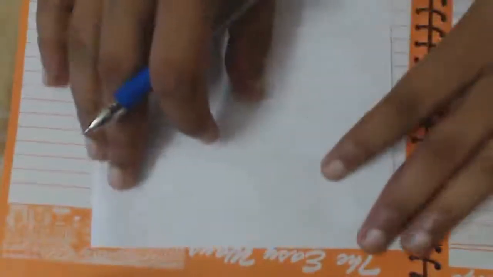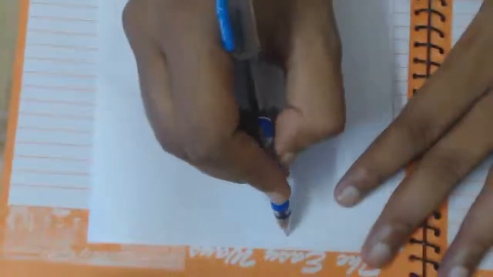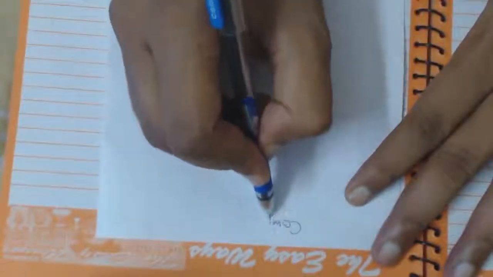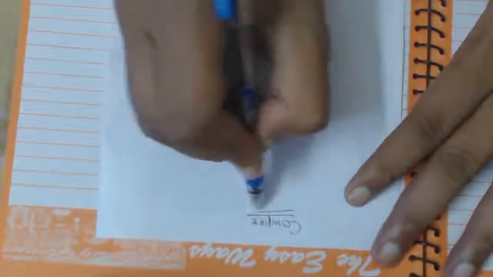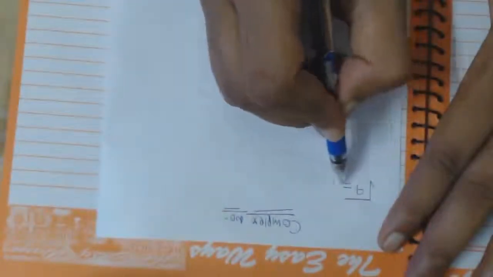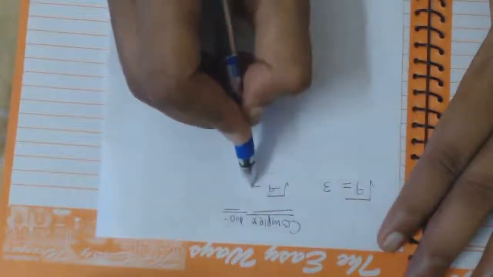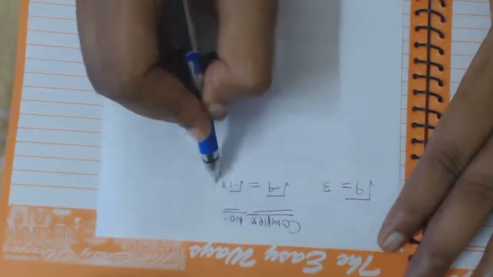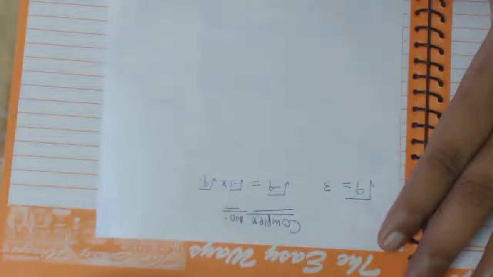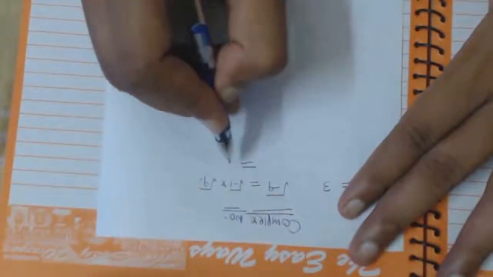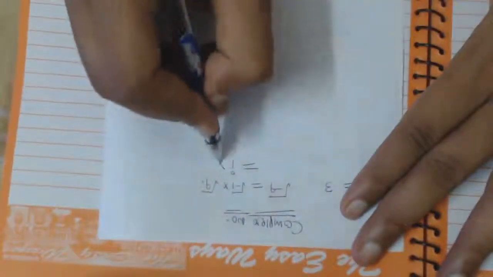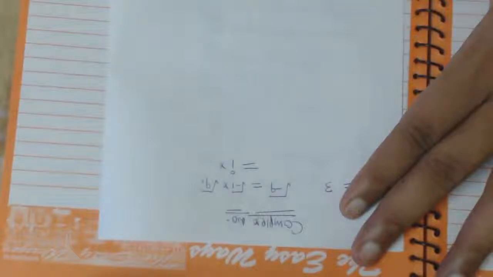Now, next topic I am taking is complex numbers. When I ask you root 9, you say 3 to me. When I ask you root minus 9, you will say root minus 1 into root 9. This root minus 1 is taken as iota because we don't know any value of root minus 1.